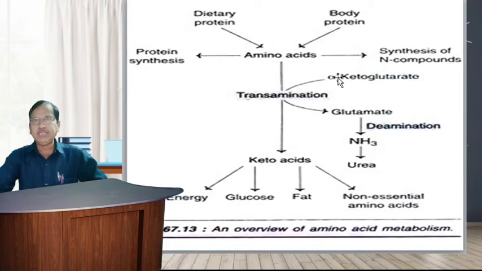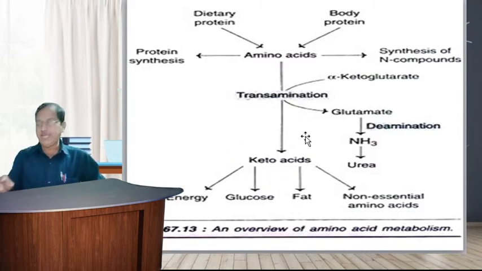At the time of transamination, alpha ketoglutarate is involved, where specific enzymes are utilized to convert it to glutamate, which also undergoes deamination to give NH3, ammonia, and urea, formed in the urea cycle. Next, the keto acids are utilized for energy, glucose, fat, and non-essential amino acids. This is utilized in the next reactions, an overview of amino acid metabolism, shown in this diagram.